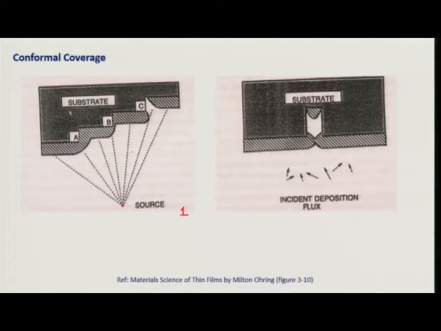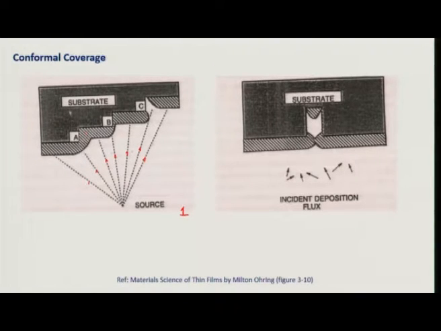Now, my source is a line of sight process, so it is going in all directions. Okay. So, if you see that this corner is exposed to the line of travel of these atoms and molecules.